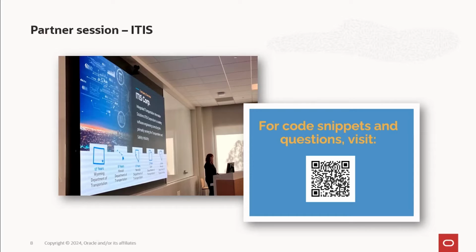But maybe Denise was already fast enough. Yes, she was, to include the link in the chat so that you can find it there. So you can find a bunch of things on the technical side under that dedicated link which ITIS provided.